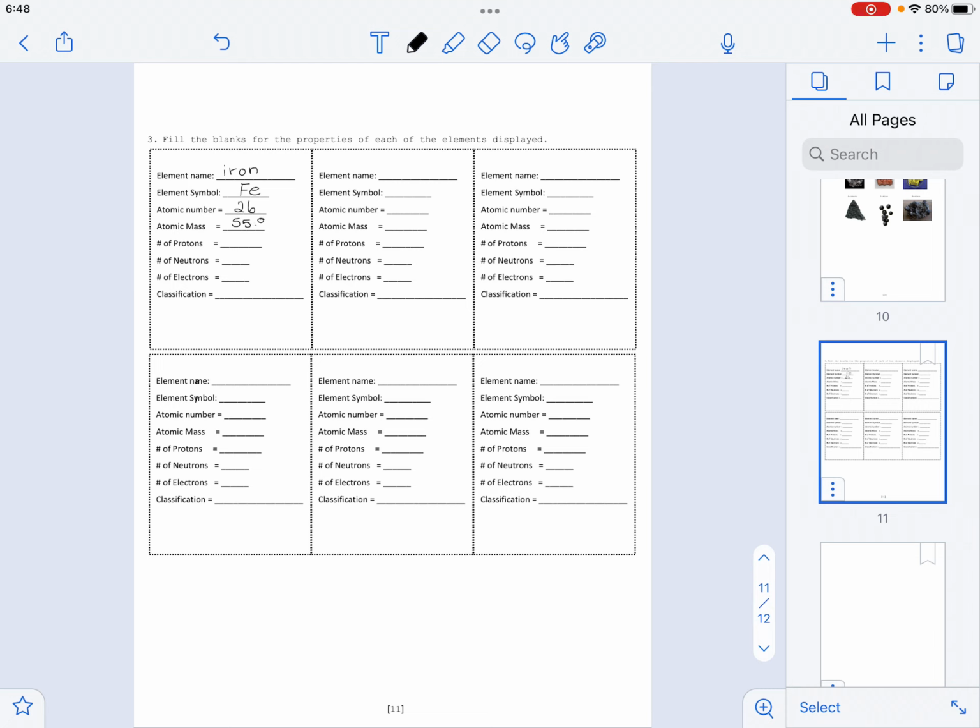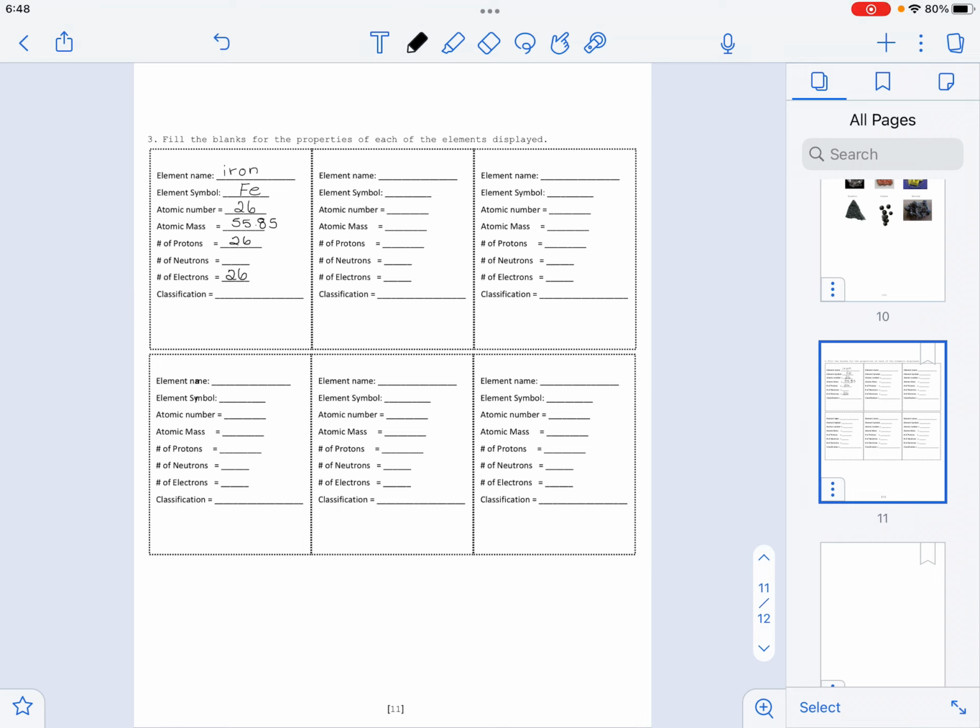When it comes to the number of protons, neutrons, and electrons, as we talked about in the background video, the number of protons is going to be the same value that I have for the atomic number, which is 26. The number of electrons, because I'm talking about a ground state element, will also be 26.